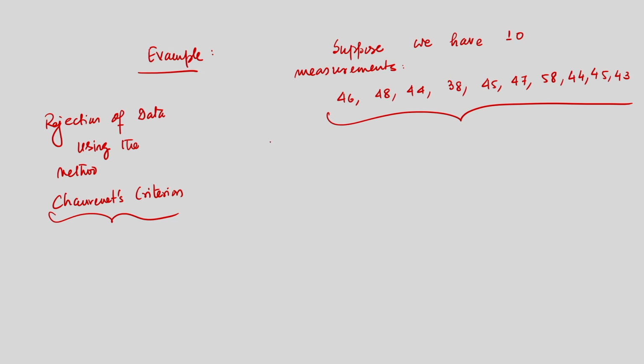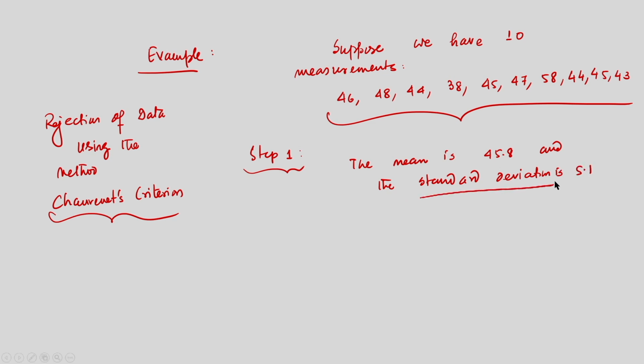The first step is the mean. In step 1, the mean is 45.8 and the standard deviation is 5.1.